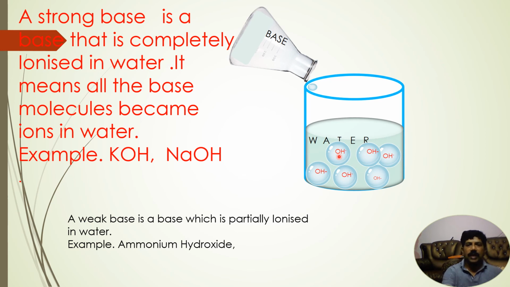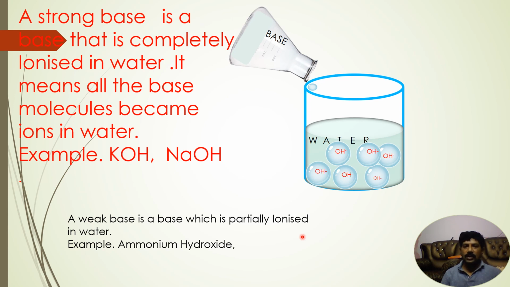Next, at the same time, let us consider a weak base. A weak base is a base which is partially ionized in water. It means a part of the base is left over in the solution as molecules. Only partial ionization is taking place when it is added to water.